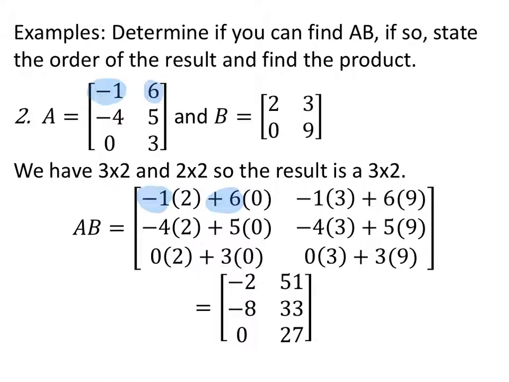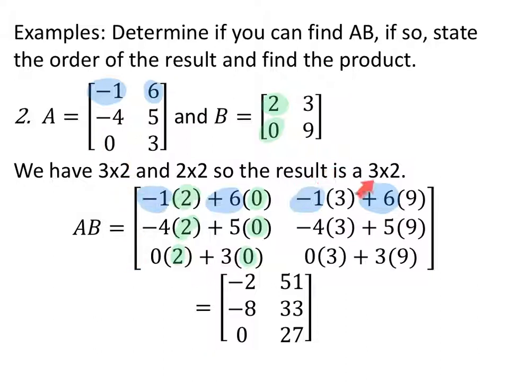Because I know there are 2 columns, I put in my next -1 parentheses plus 6 parentheses. Then I fill in my columns: 2 and then 0, 2 and then 0. I do all of my rows first, and then all of my columns, and fill in the parentheses. It just makes it easier for me.